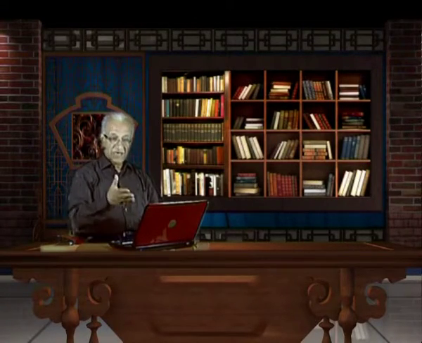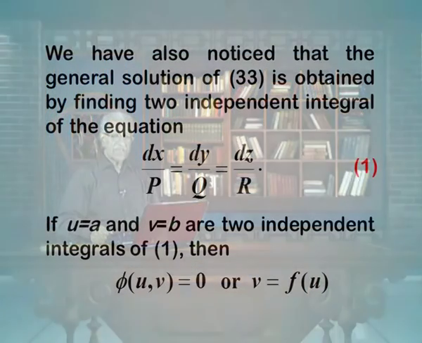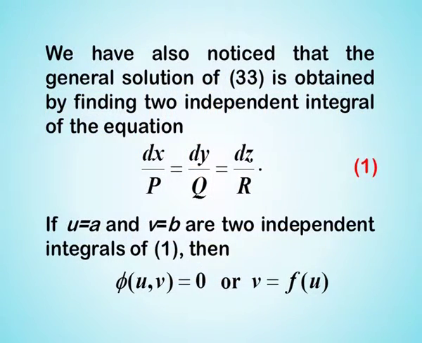We are marking it as equation 1. Then if u equal to a and v equal to b are two independent integrals of 1, then we write that a function of u and v will be equal to 0, or in other words we can say that v is a function of u.